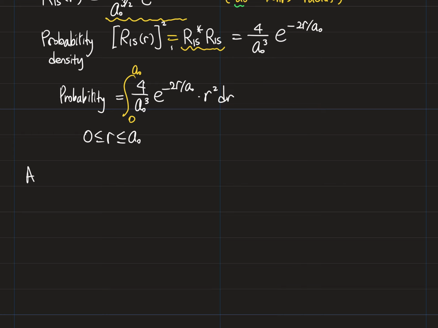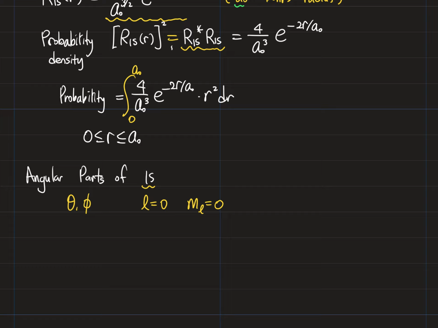And let's move on to angular parts of 1s orbital. So angular parts depend on two variables, theta and phi. But we are discussing 1s orbital, and here l equal to 0 and ml also should be 0 due to the restriction on that quantum number.